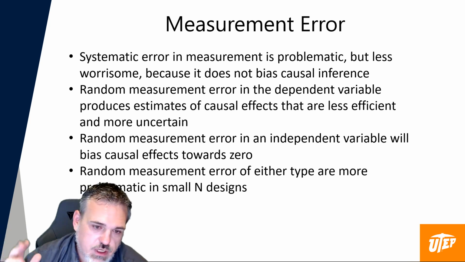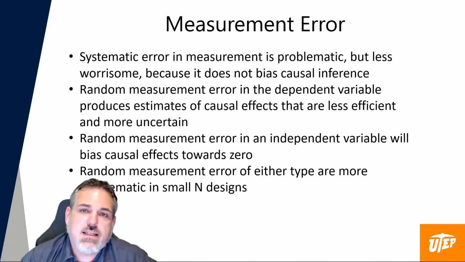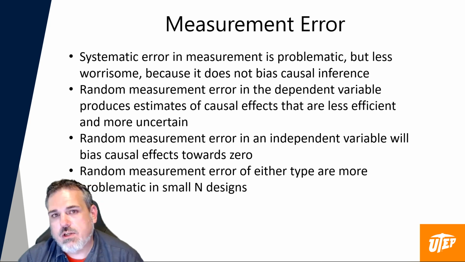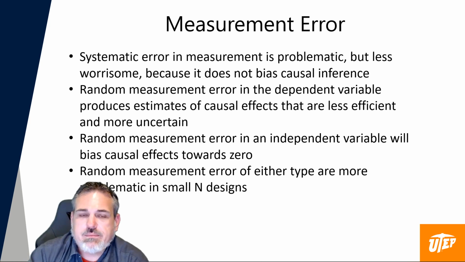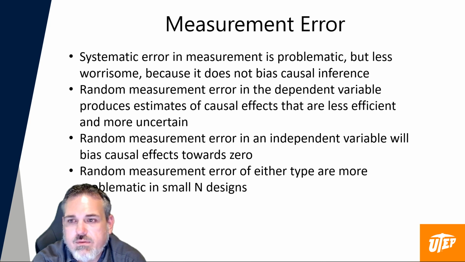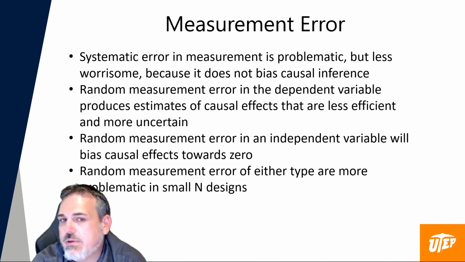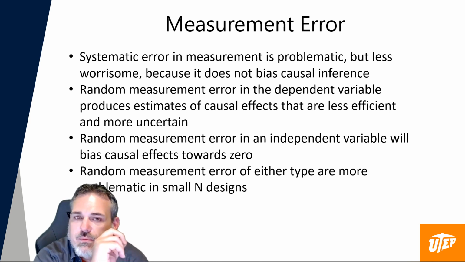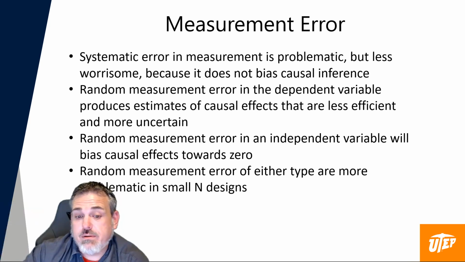Say we have 10 objects, and at random we take their temperature. Well, the last thing that we take the temperature of is going to have warmed versus the first thing we take the temperature of. That's not going to be a measure of accuracy of our freezer. It's going to be a measure of how long that meat sat on the counter. Well, that randomness in our independent variable is going to bias our assumption of causal effect towards zero.